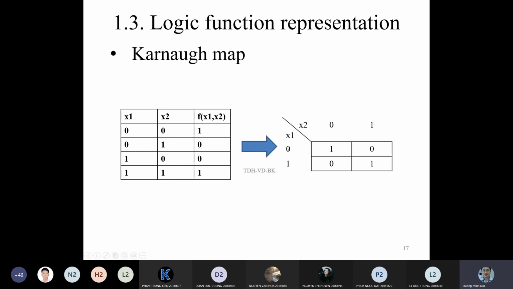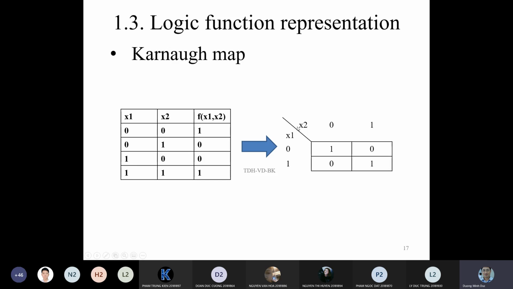So x1 can obtain two values, 0 and 1, and for x1 we use one line here. And first is for x1 equals 0, and second is x1 equal 1.